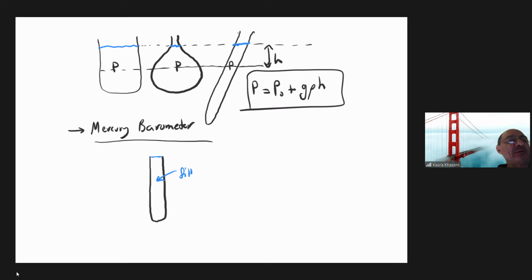Then you put a glass stop on top of it, so the mercury doesn't spill out. Then you flip it.